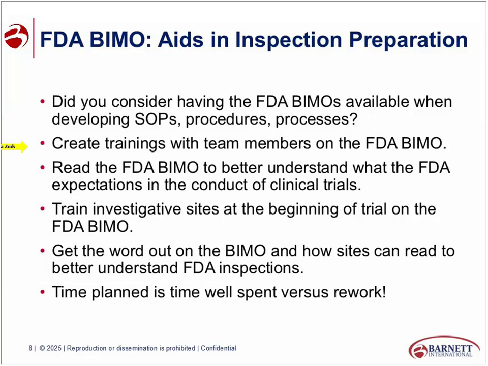Then the second piece is, did you train members on the FDA BIMO? We do a lot of inspection preparation and inspection readiness training when we know that the FDA is imminent, but we really want to start that earlier. We want to make this part of the training process. I always say for our investigators as well, are we introducing the BIMO, their inspection manual, when we are initiating sites?